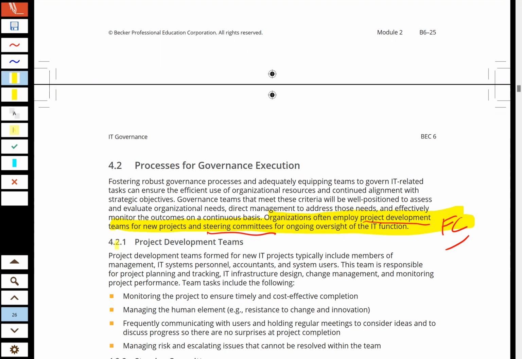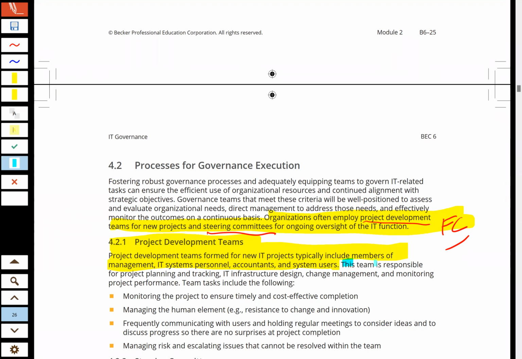Let's go ahead and understand some of the responsibilities of the project development team. A project development team is formed for a new IT project. Members typically include management, IT, system personnel, accountants, and system users, and we've already seen that it would be expected that the accountants would be involved.